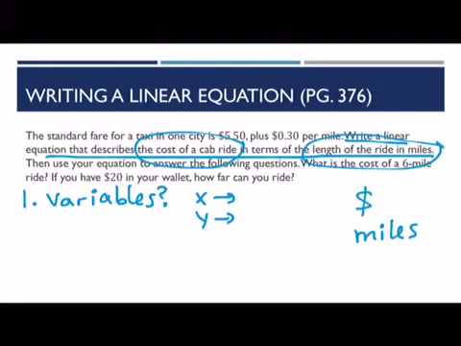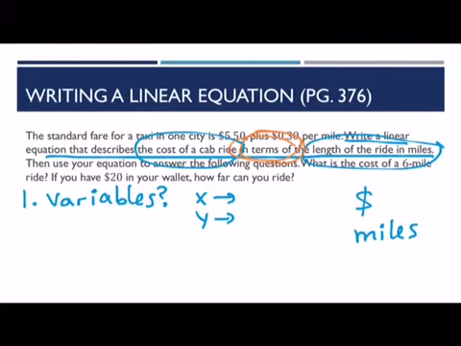Now which is x and which is y? Sometimes it doesn't matter, but in this case we have another instruction. We're supposed to describe the cost of the cab ride in terms of the length of the ride. So whenever you see that phrase in terms of, it's the first thing, the cost of the cab ride, that's the y, and the second thing, that's the x.